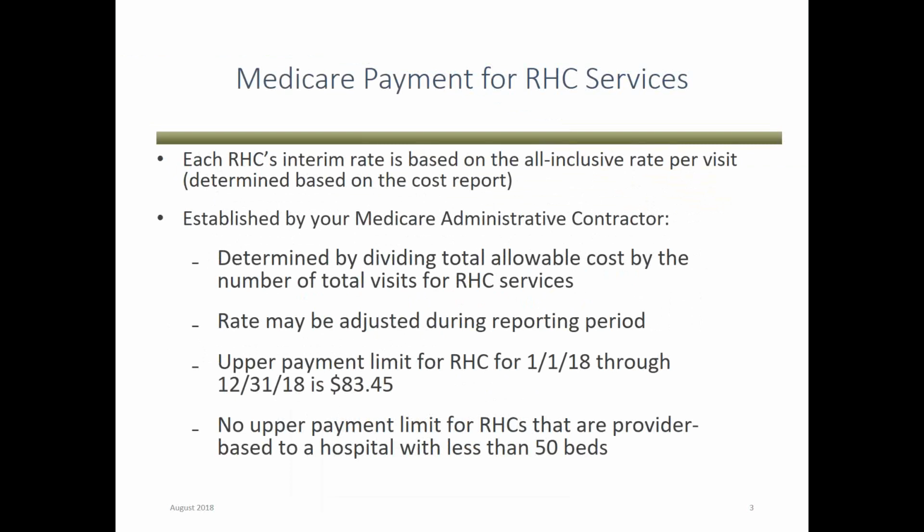There is no upper payment limit for RHCs that are provider-based to a hospital with less than 50 beds. So if you are a provider-based RHC to a critical access hospital or another hospital with less than 50 beds, you will receive your actual cost.